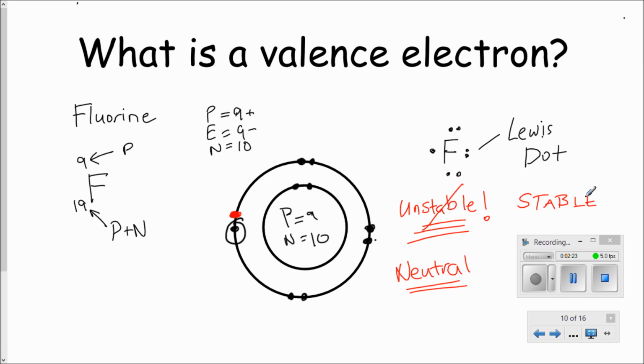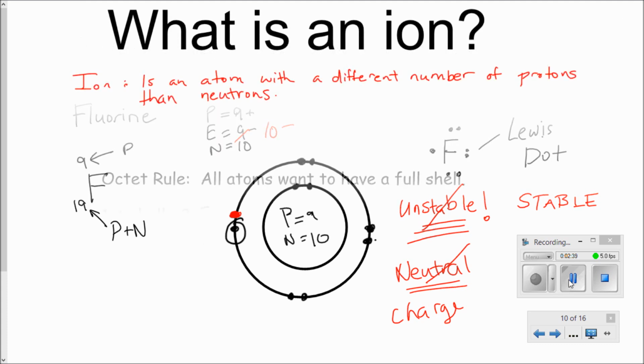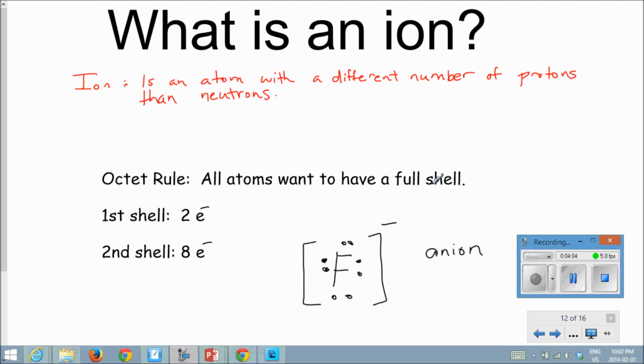But it's no longer going to be neutral. It's going to have a charge, because it just gained 1 electron. The protons and electrons are not the same anymore, so we have a charge. In this case, it would be a negative charge. So an ion is an atom with a different number of protons than electrons.